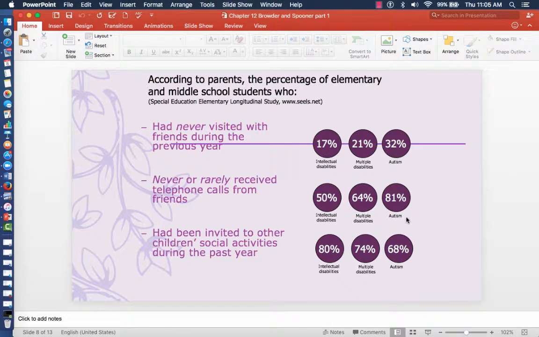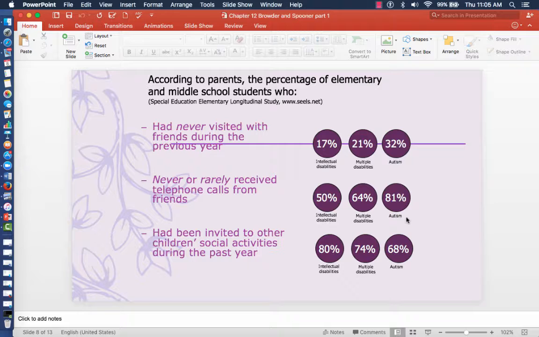It means that they have more than one severe disability. And autism, 32%. Rarely or never receive telephone calls from friends. 50% intellectual disabilities, 64% multiple disabilities, and 81% of children with autism never received or rarely received telephone calls.